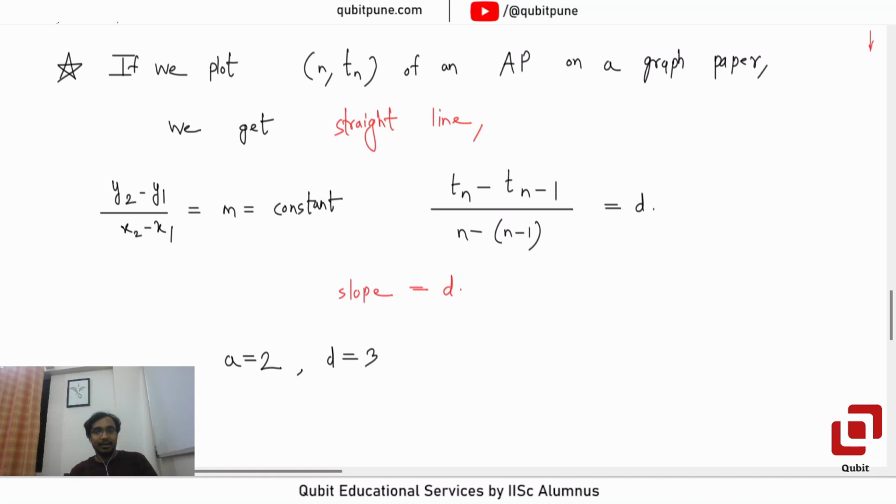See, what line do all points on this particular arithmetic progression lie on? If somebody asks you that question, you should first write down: Tn is equal to a plus n minus 1 times d. Replace Tn by y. First term is 2.